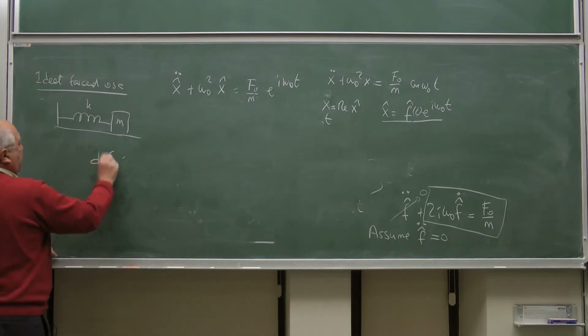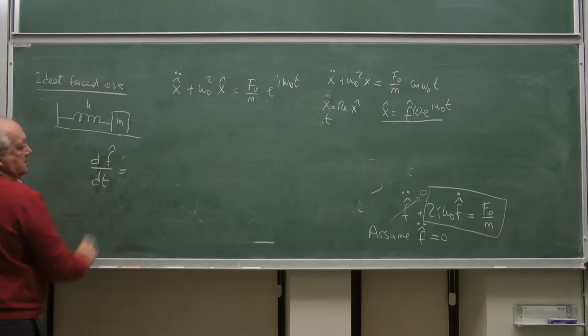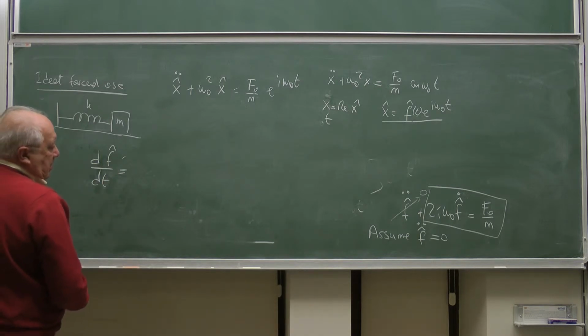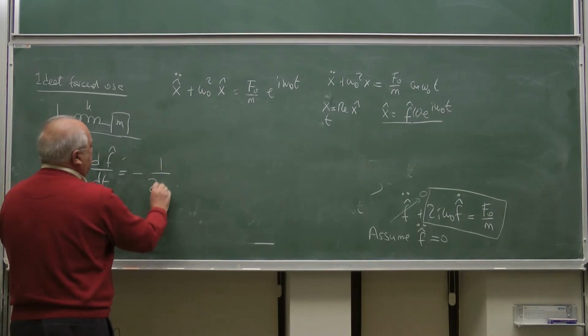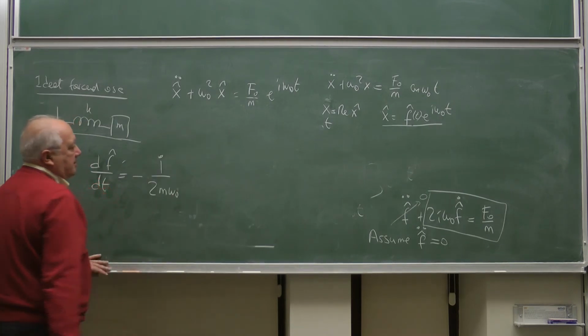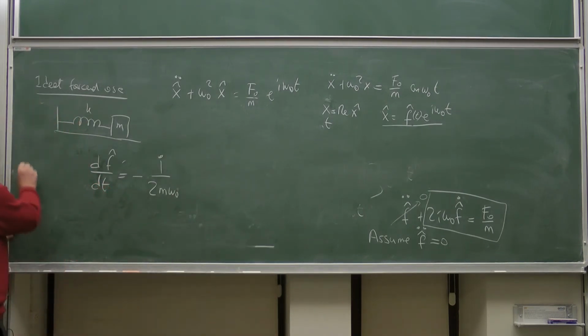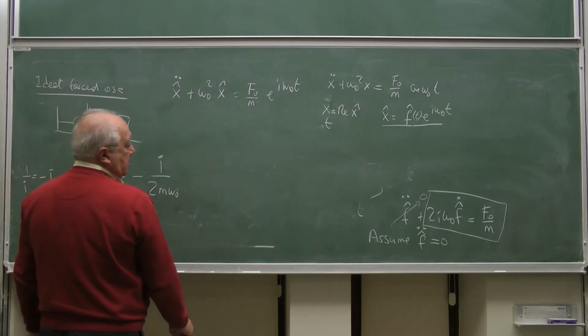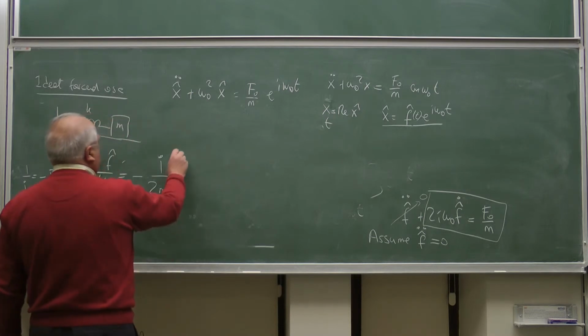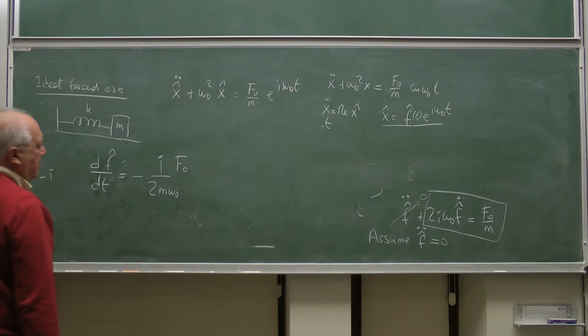So df dt is equal to minus 1 over 2m omega 0 i, because 1 over i is minus i. Multiply i, divide by i square is minus 1. I have a minus i, 2m omega 0 times f0.